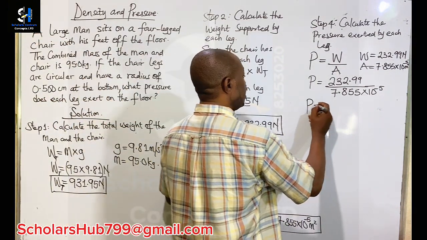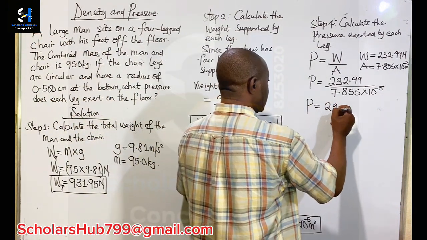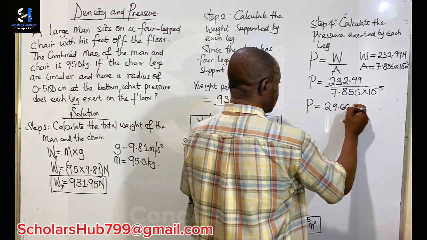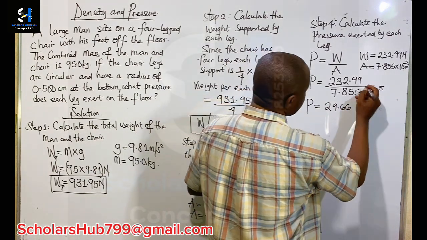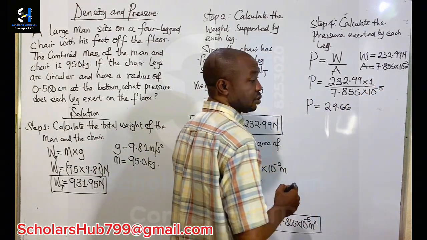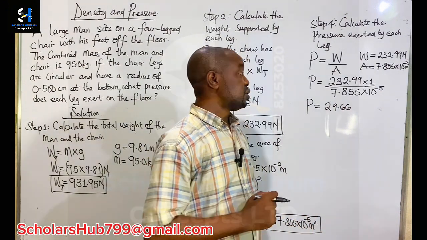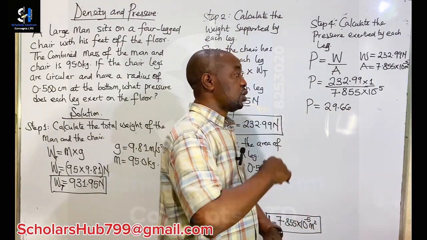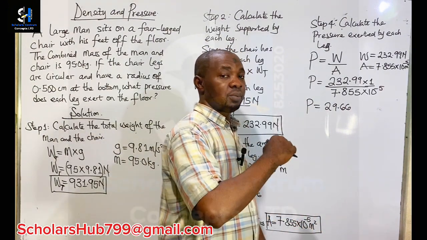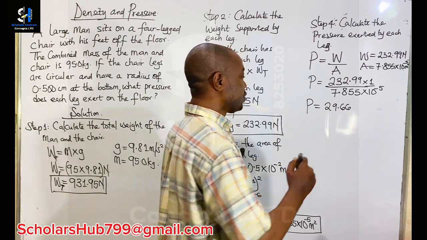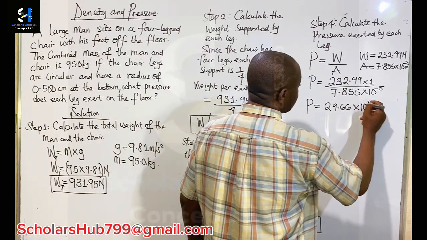That will be 29.66. Remember there's a 1 here, multiplied by 1, and 1 is the same thing as 10 raised to the power of 0. So we bring the negative 5 up so that it will be positive 5, times 10 raised to the power of 5.